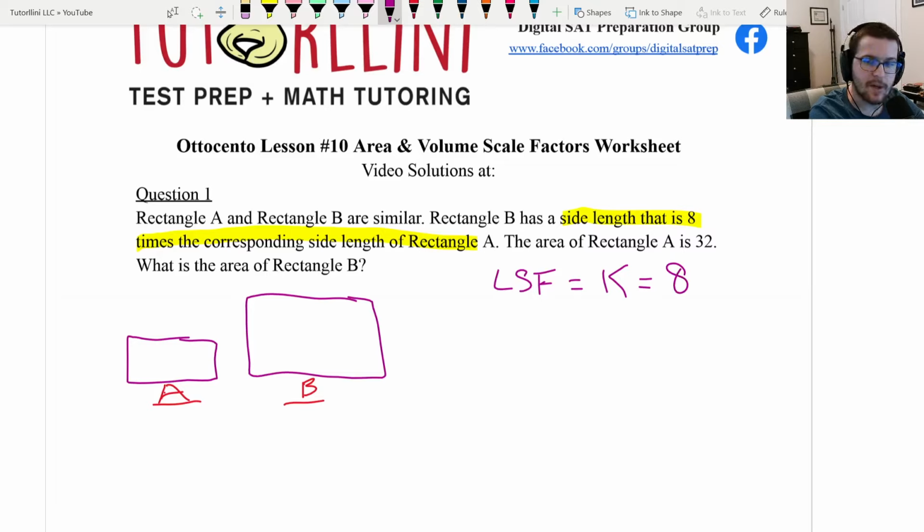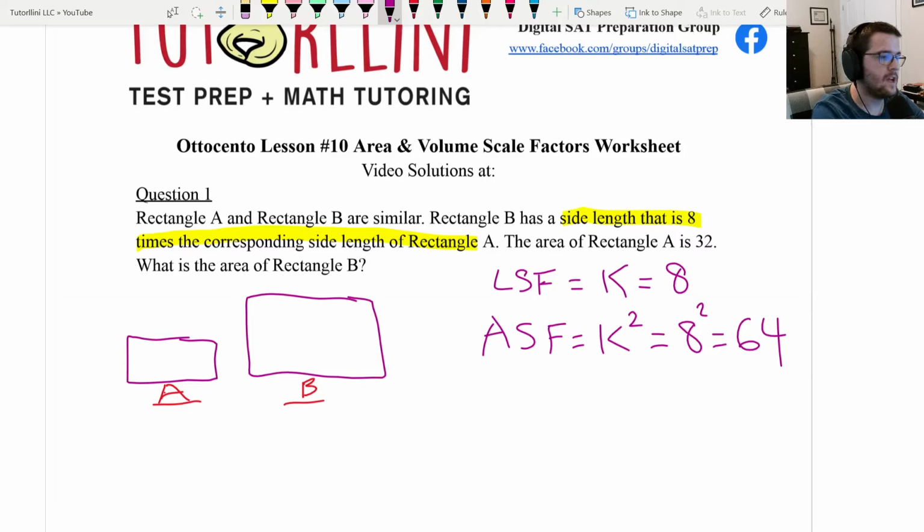The question is asking about area, so we are going to do the area scale factor, which is K squared. So that is 8 squared, which is 64. And now it tells me that the area of rectangle A is 32. So it certainly seems like we want to find rectangle B, which is the bigger area.